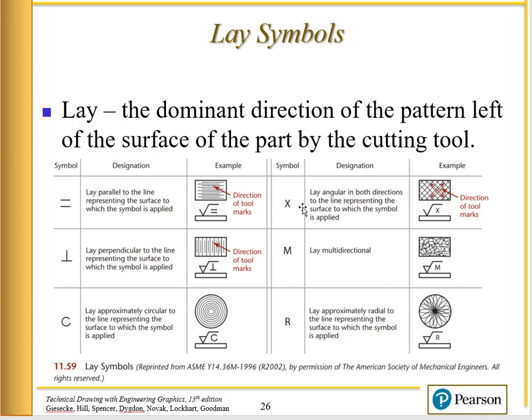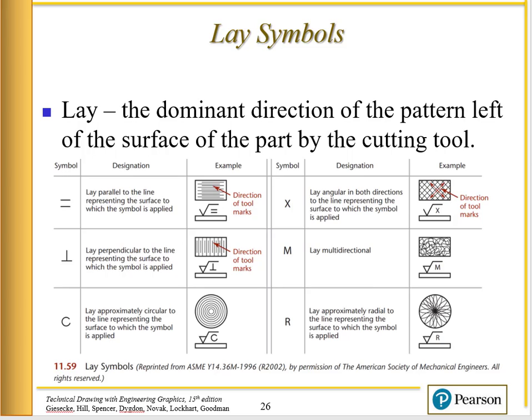If you have the symbol X, that gives you cross hatches, like tool marks. And if the lay is just all directions, you put an M in there. If the lay is perpendicular, you put the perpendicular sign in there. Circular, like a turned surface, you could put a C in there, and then R, it's kind of like a spirograph here. And that's how this goes.